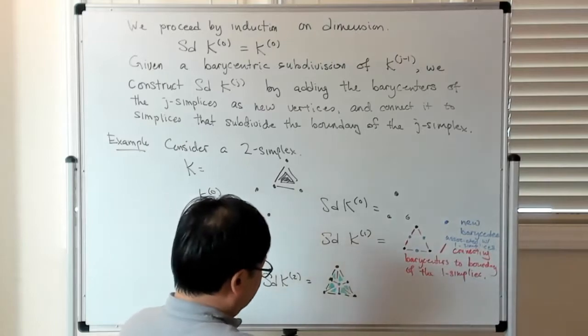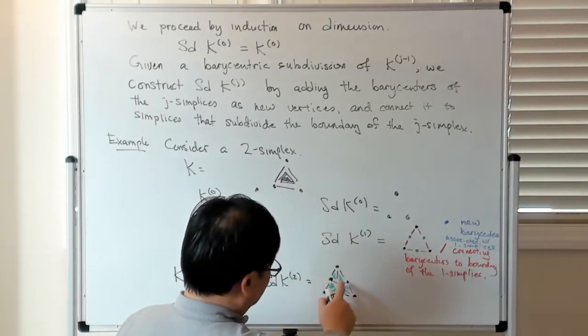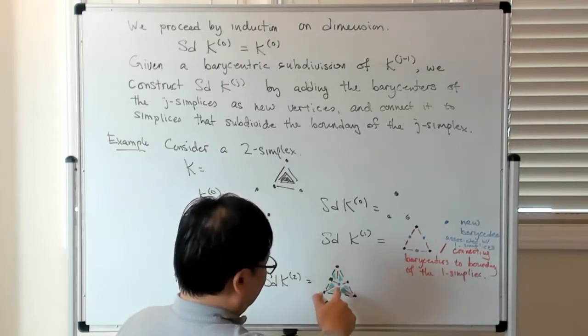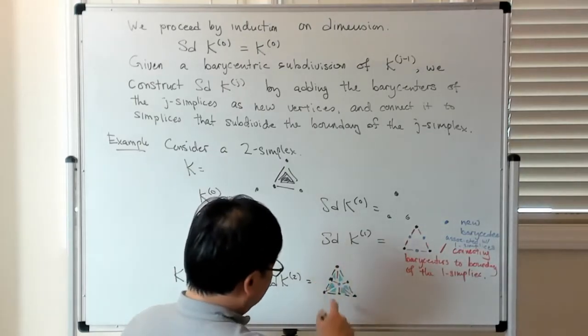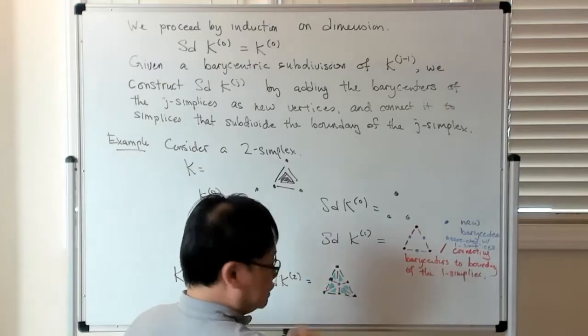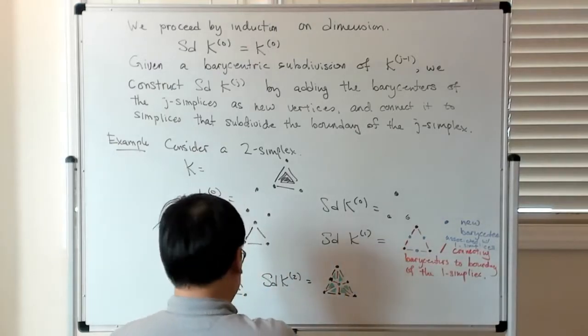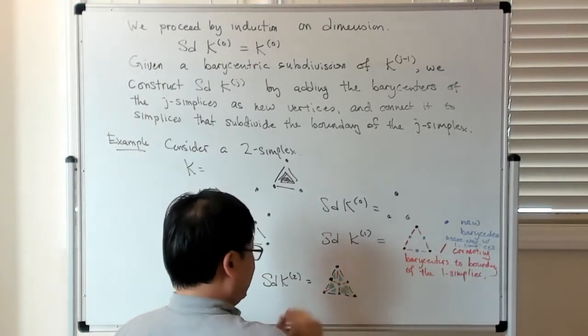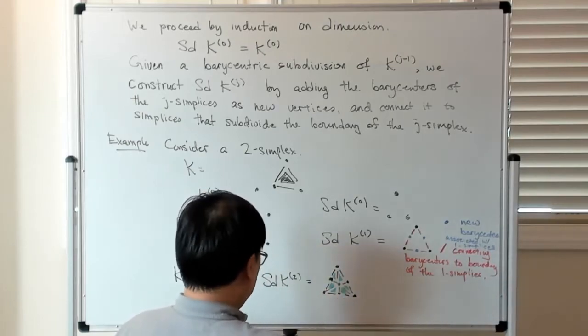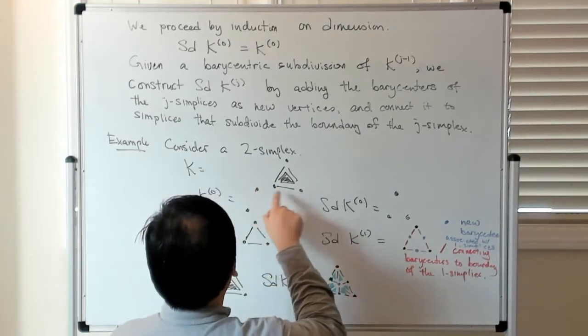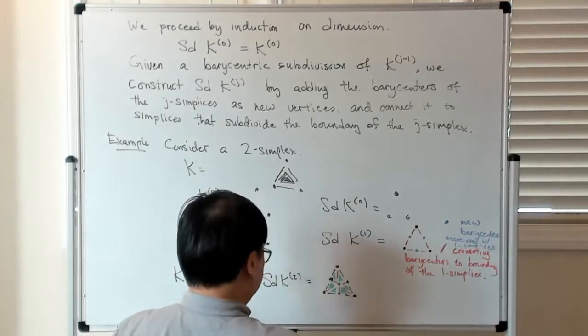So I've added 6 new edges, I've added 1 vertex, and I've added 6 triangles, right? So this is the barycentric subdivision of the 2 simplex.